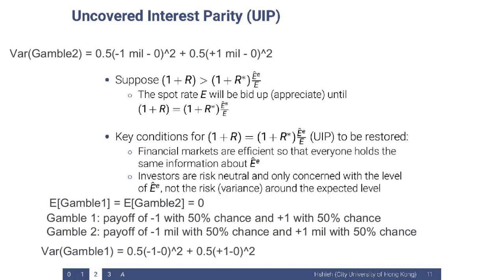All right, so what's the expected value of each of these gambles? Can someone tell me? Yes, 0. So we take the average. That's just expected value. Expected value of gamble 1 is equal to expected value of gamble 2, which is equal to 0.